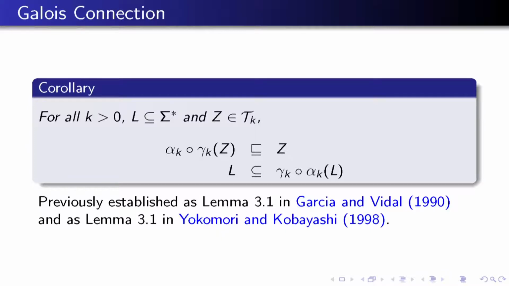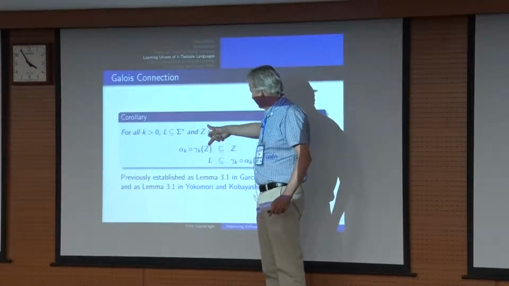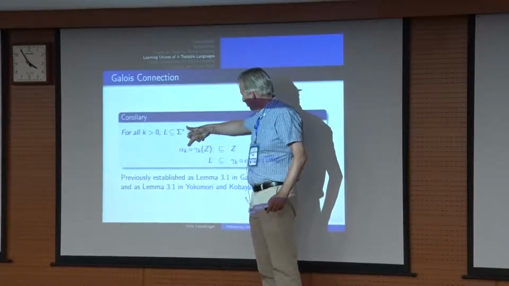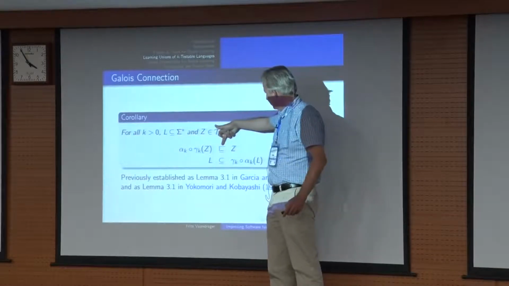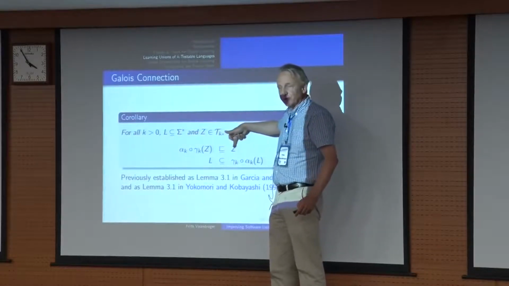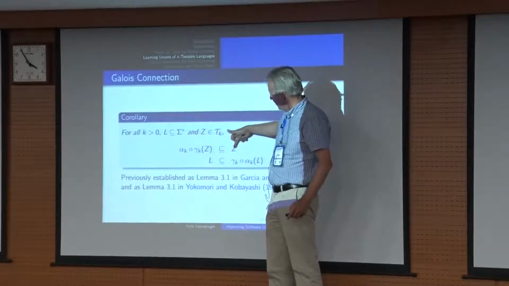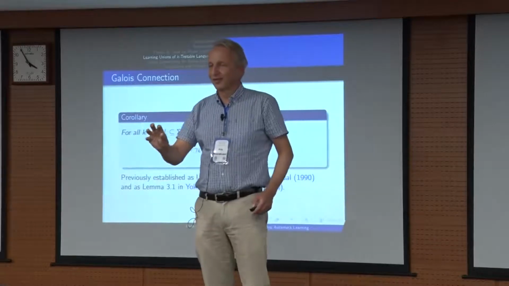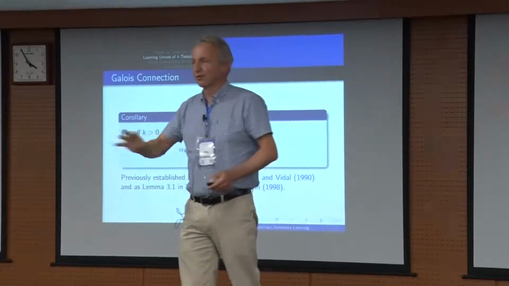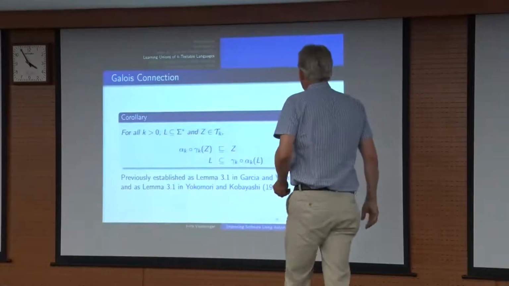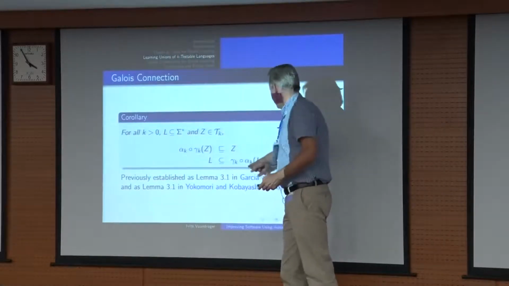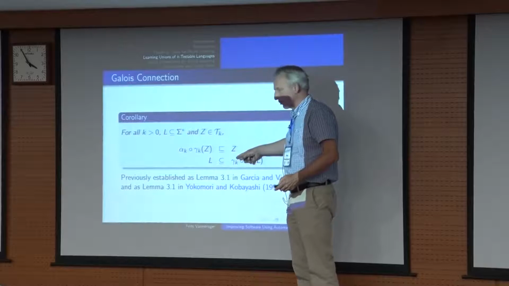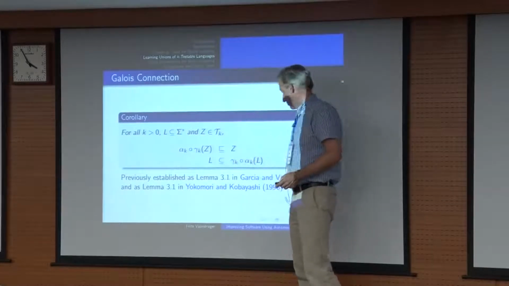Then, if you take a test vector and you compute the language, and then you compute a test vector for this, you get something which is less than the original test vector. The point here may be that this original test vector may contain certain junk segments, segments which are allowed, but which can never occur in the real world. And then the other inclusion is if you take a language, compute a test vector, and then compute the language again, you get something which is bigger than the original language.